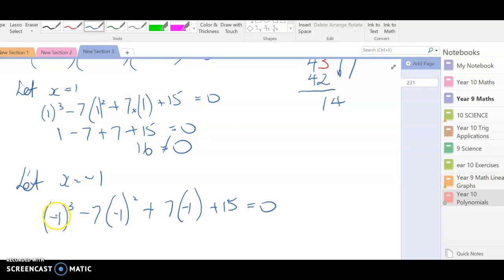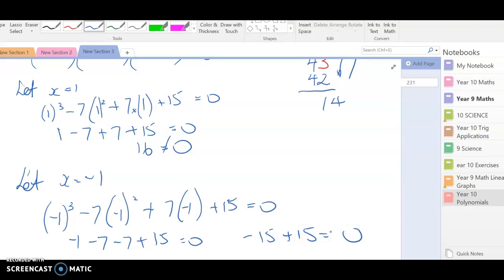So -1 cubed is -1. -1 squared is +1, but times it by -7, we get -7. 7 times -1 is -7, plus 15 equals 0. -1 minus 7 minus 7 is -15, plus 15 equals 0.